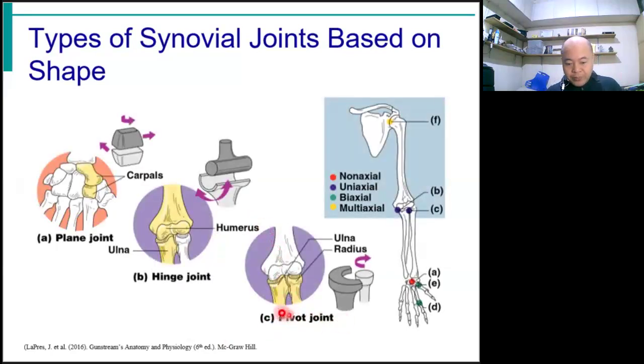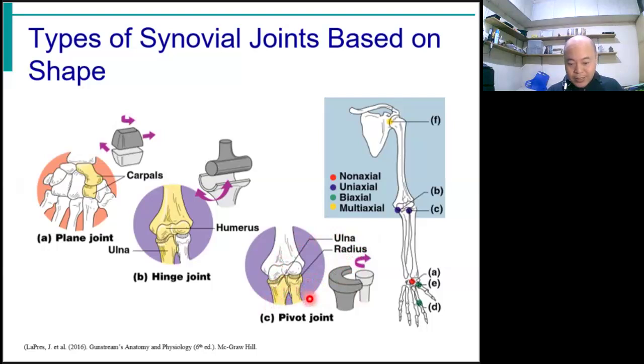Third, here we have the pivot joint. And the example here is the radius and ulna portion. The ulna is actually a hinge. The radius, from the term, has a radial movement.